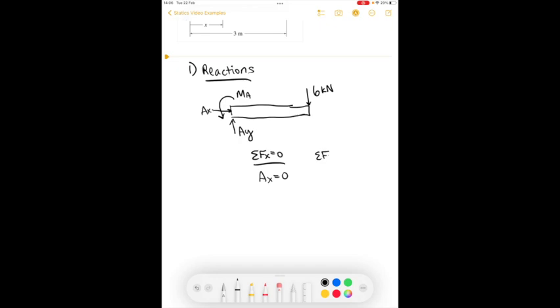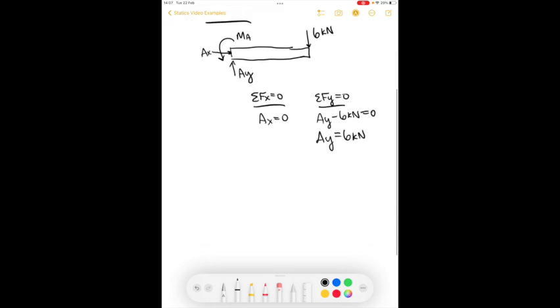Summing for the forces in the Y direction, we find that AY is equal to 6 kilonewtons, and taking the moment about point A, we can solve for the moment about point A and find that it's 18 kilonewton meters.